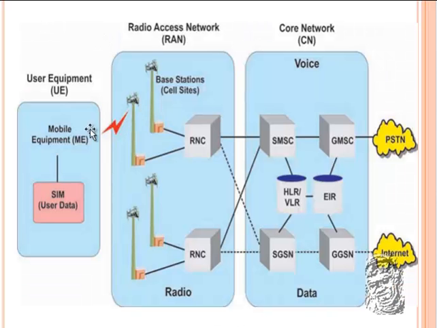As you can see, the diagram here repeats itself, so that you have a conceptual view of how the three different sections of the mobile system work: the user equipment, which is the mobile workstations, your cellular phones, your LAN mobile phones and so on; your radio access network, otherwise called the RAN network, which will connect to base stations; and your core network, which is your voice network as well as the data network, which connects to both the public switching telephone network and the Internet.